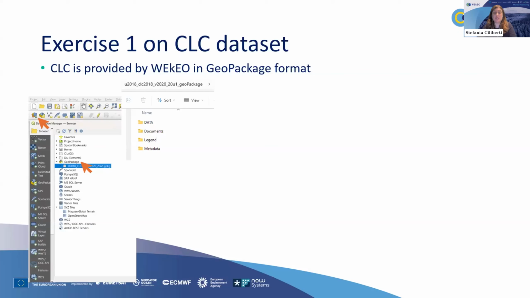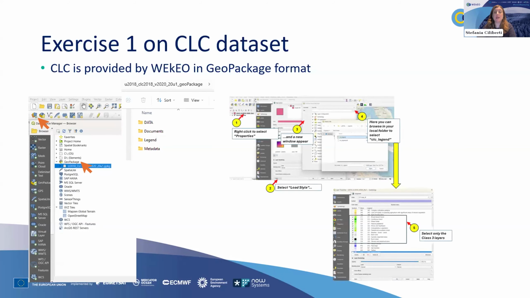This is done basically by adding the GeoPackage file through QGIS after selecting the data manager. Of course, the CORINE Land Cover product is characterized by a lot of information inside once you download it, including metadata that are fundamental for developing the exercises.